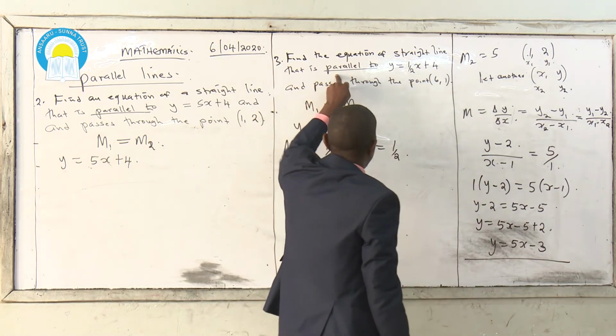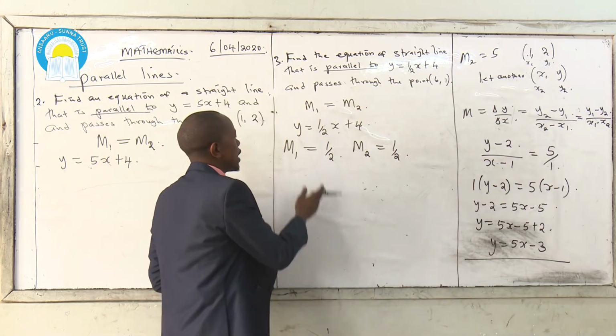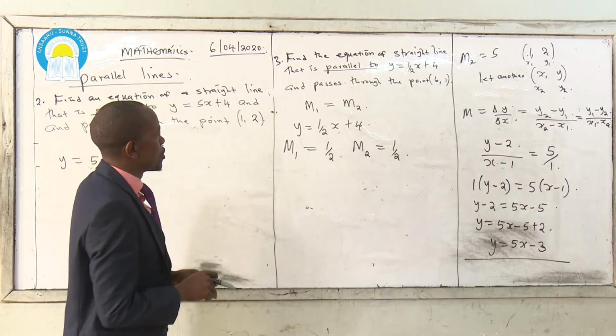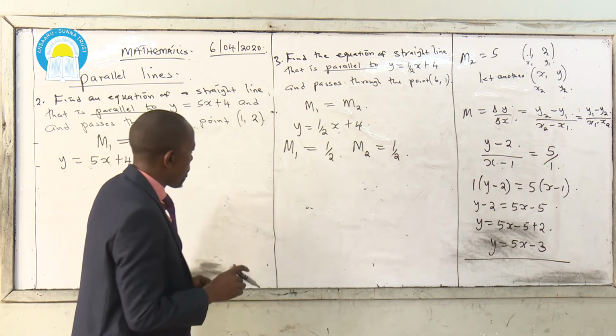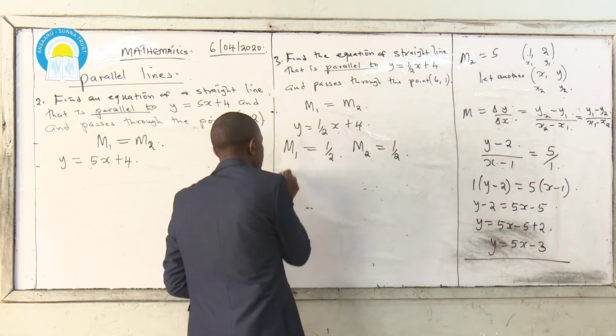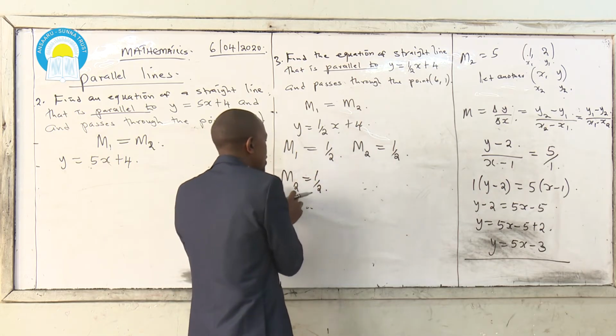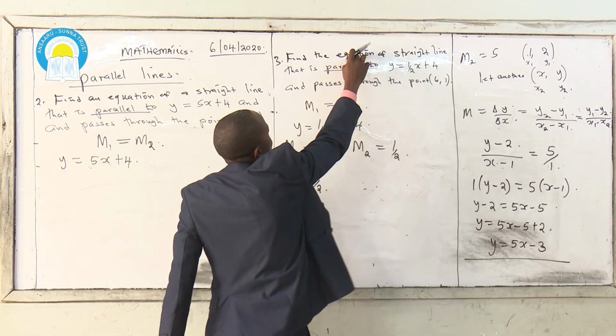And if it's parallel, they have the same gradients. Now, we have M2, which is a half. M2 is the gradient of the line that you've been asked to find.